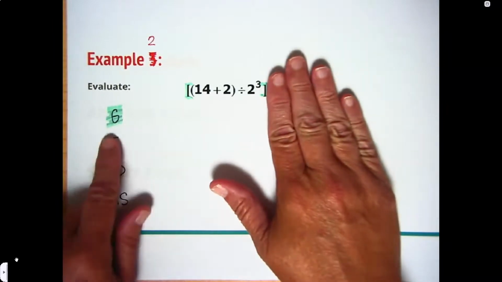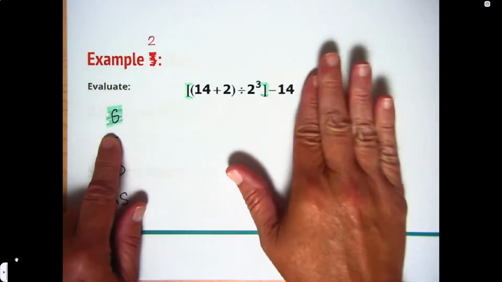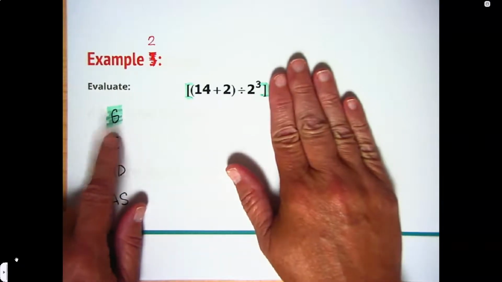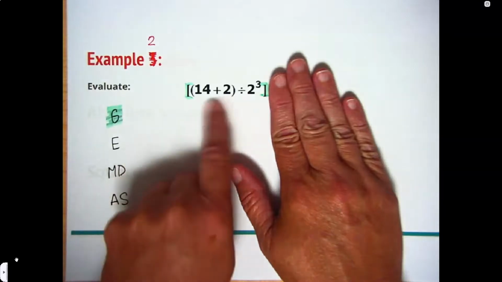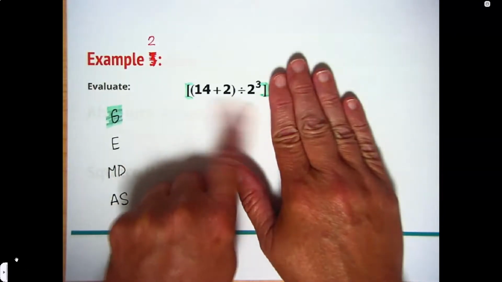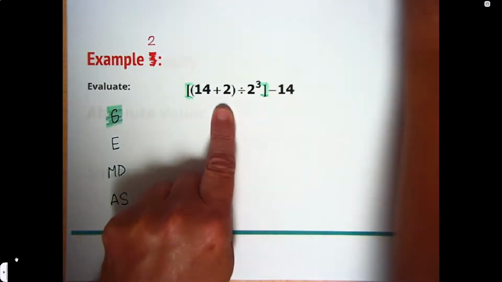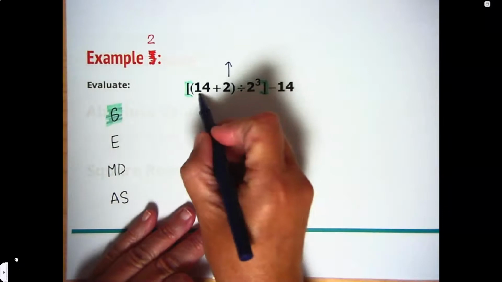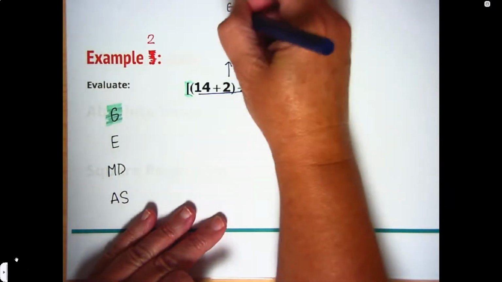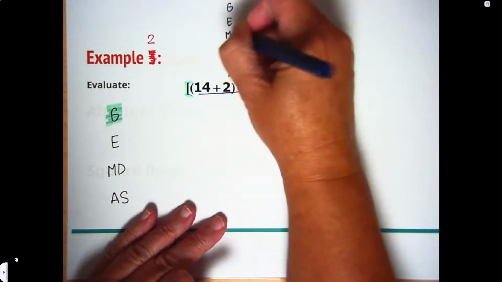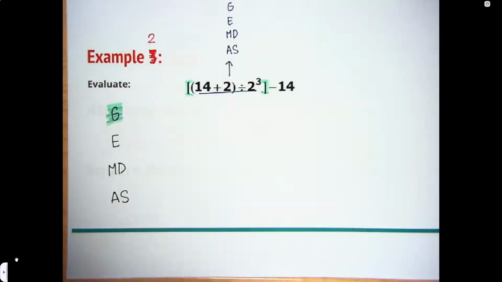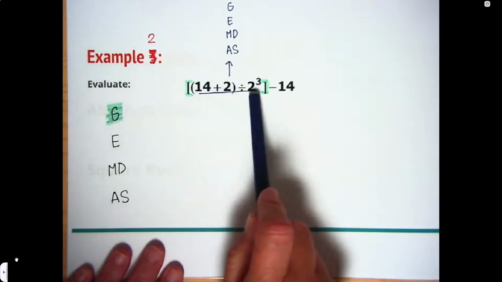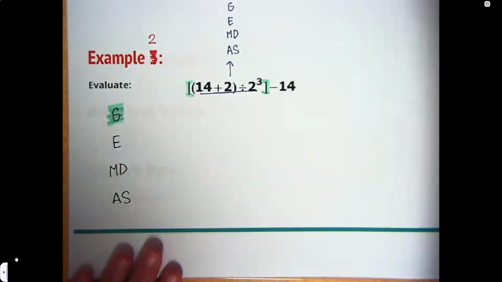When you look at your grouping symbols, and I'm going to cover up this minus 14 so we're not distracted by him for a minute, when you look at your problem inside the grouping symbols and you see a multi-step problem like this, then you're going to have to take this multi-step problem right here and follow the order of operations to do it. I'm going to have to work on this multi-step problem until I get it down to one number.